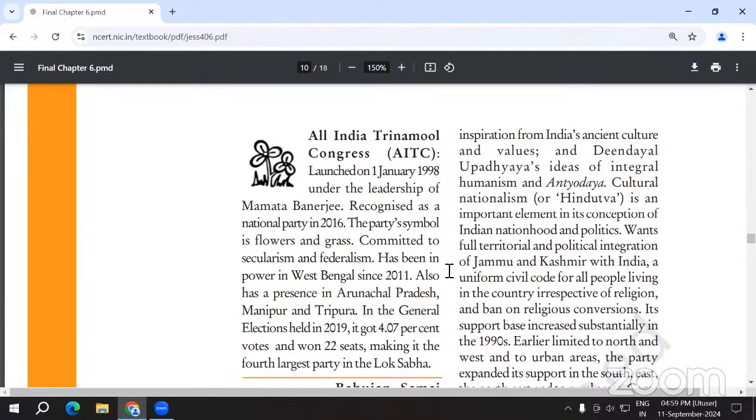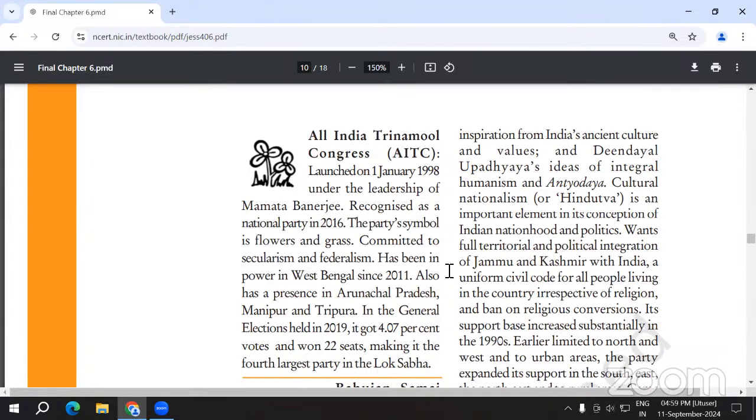We know that our country is a secular country. What is the principle given in a secular country? We have learned it in our third lesson. Rights to profess, practice, and propagate the religion.